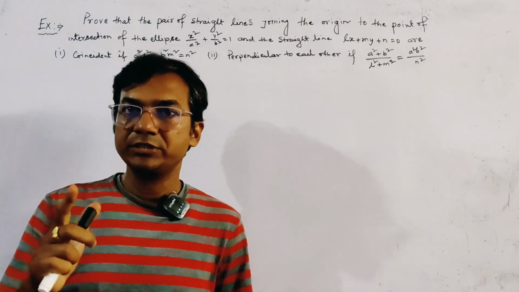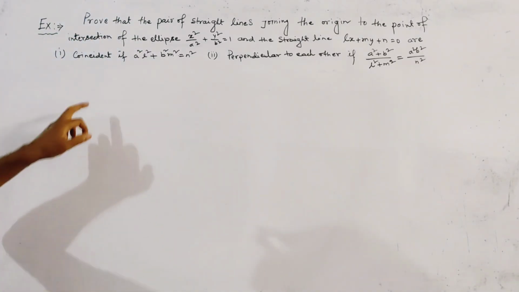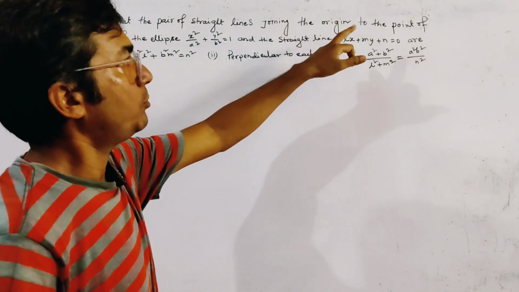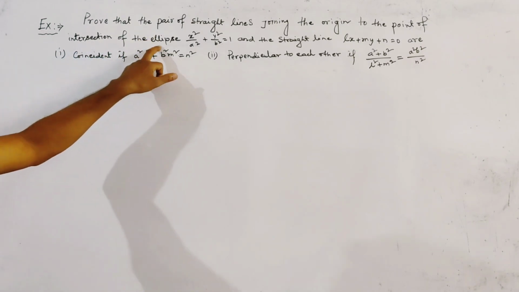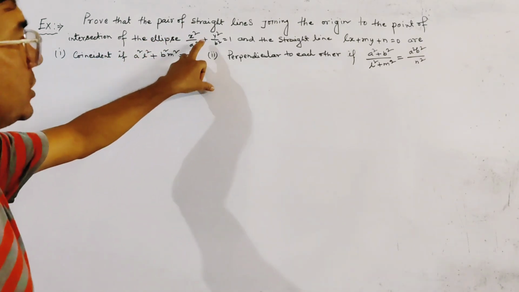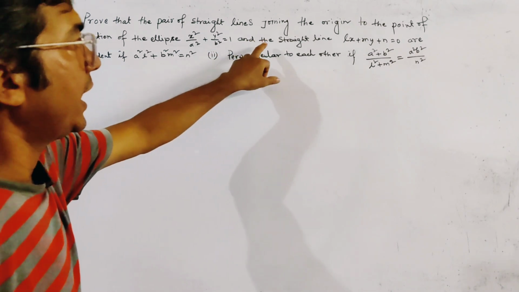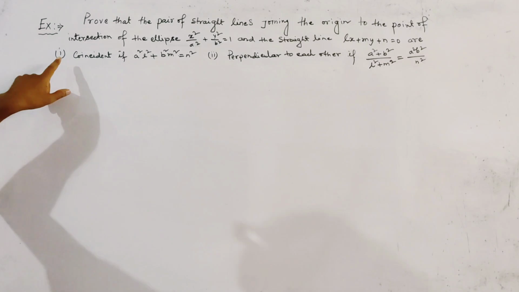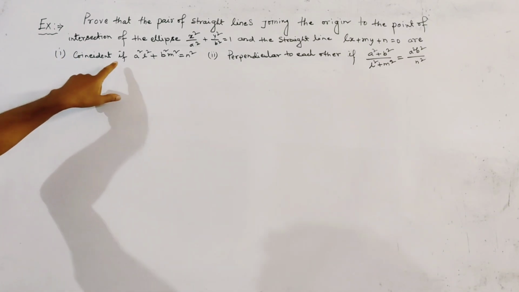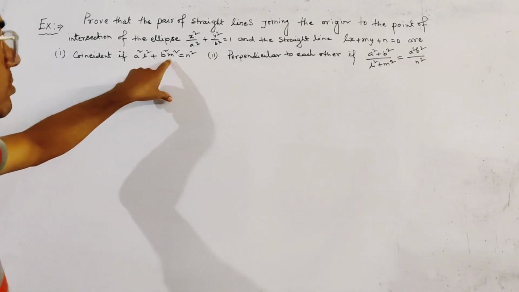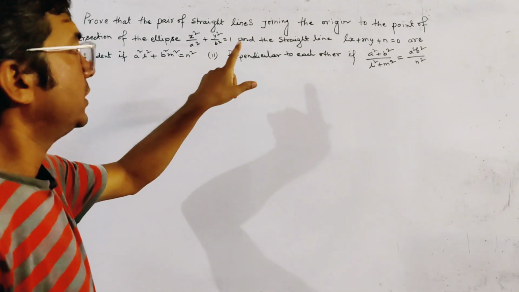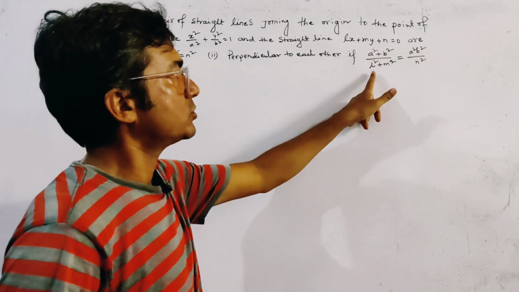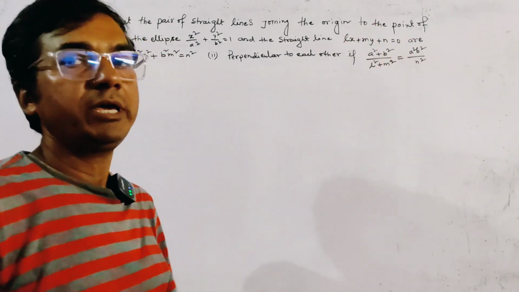From pair of straight lines, the problem is: prove that the pair of straight lines joining the origin to the points of intersection of the ellipse x square by a square plus y square by b square equal to 1 and the straight line lx plus my plus n equal to 0 are, number 1, coincident if a square l square plus b square m square is equal to n square, and number 2, perpendicular to each other if a square plus b square by l square plus m square is equal to a square b square by n square.